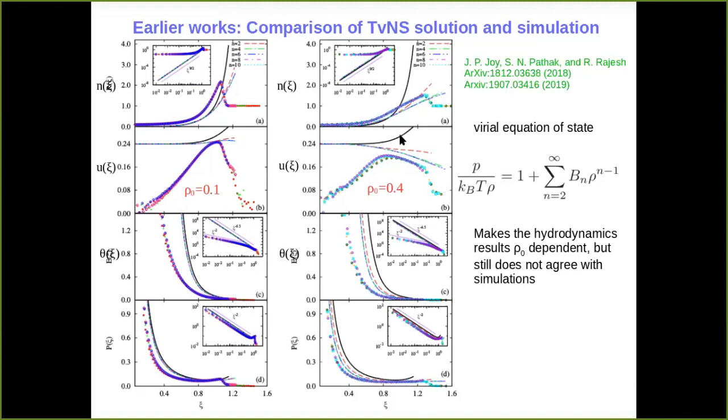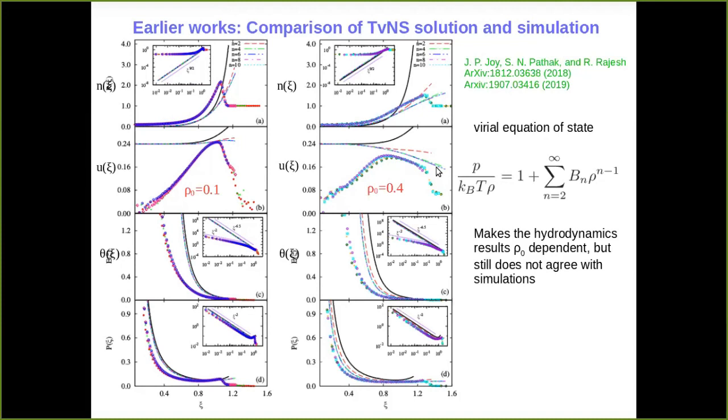Again, the black line is the TVNS solution for the ideal gas equation of state. And for the virial equation of state, the TVNS or hydrodynamic results converge at higher n.